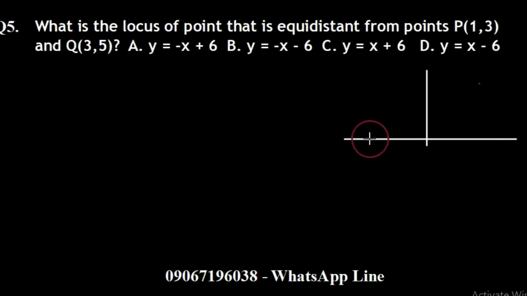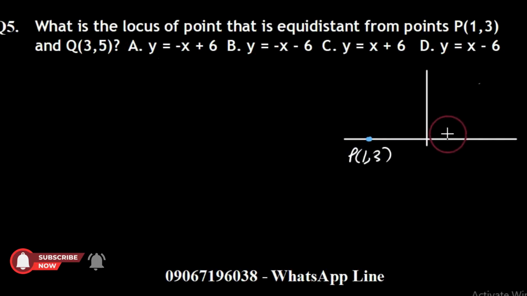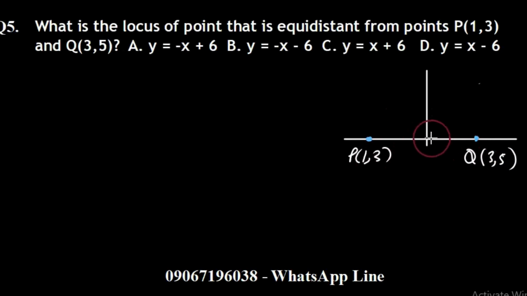The coordinate for point P is going to be (1, 3), and then I'm going to say that this other point is my point Q on the same line, with the coordinate (3, 5). What I'm quickly going to do here is first find the midpoint.